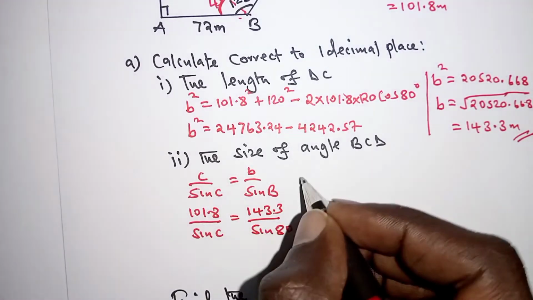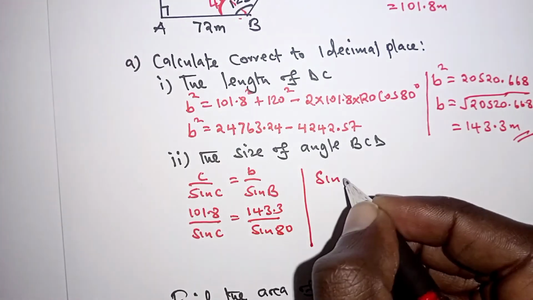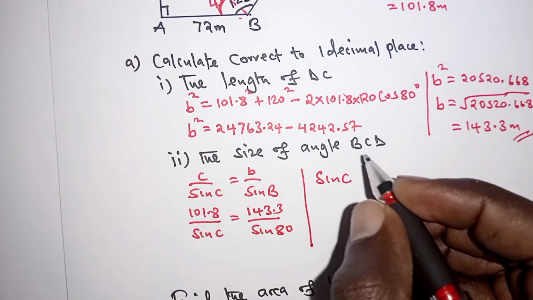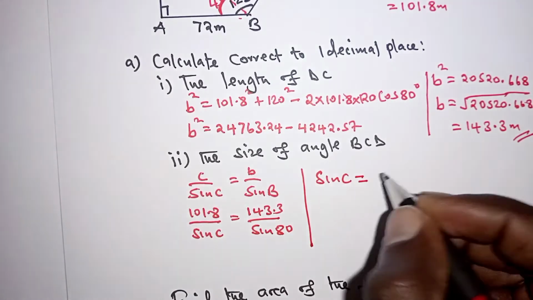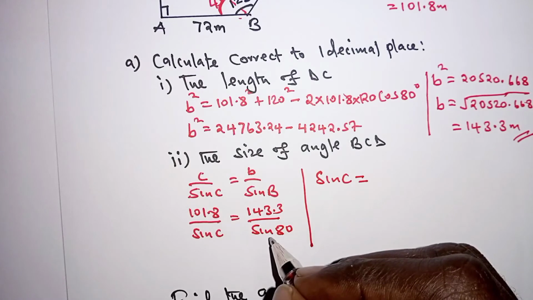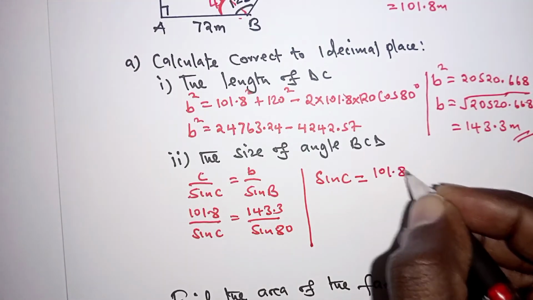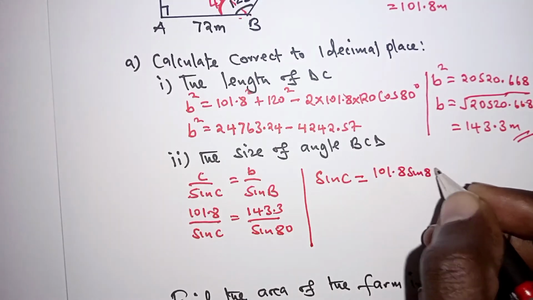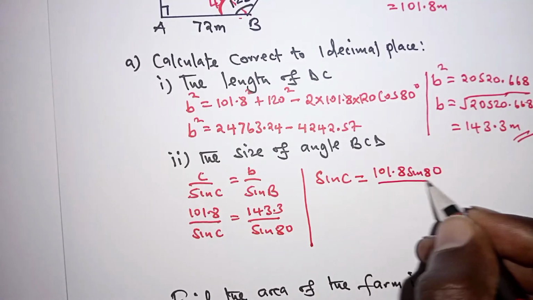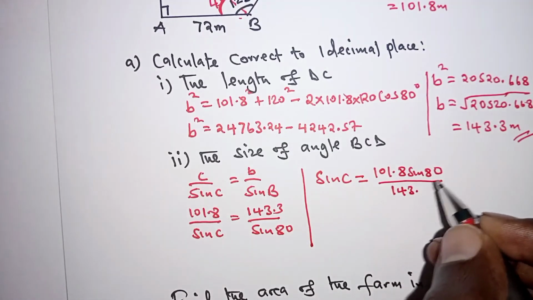So cross multiplying, we'll have sine of C being equal to 101.8 times sine 80, and then we'll have to divide all through by 143.3.